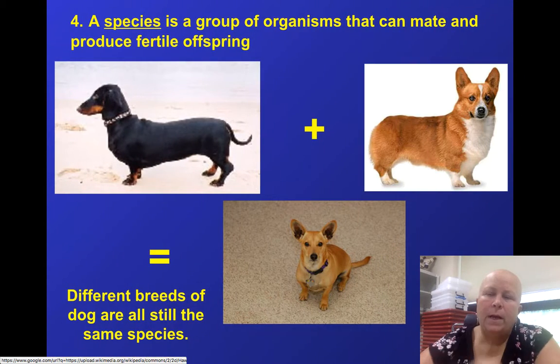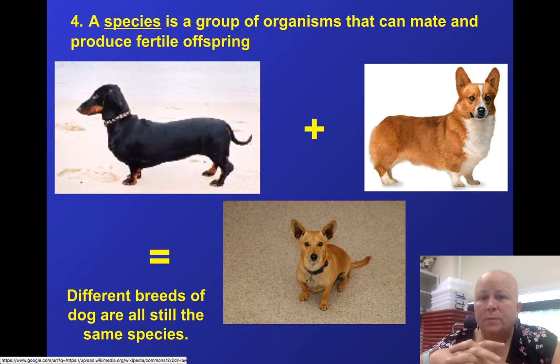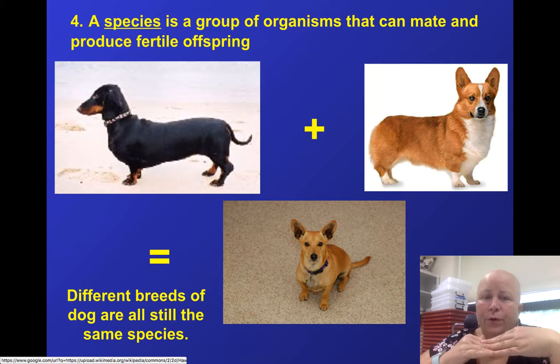All right, another term that we need to talk about is species. So a species is the smallest part of an ecosystem, you could say. So a species is the group of organisms that can mate, that means reproduce, and produce fertile offspring.